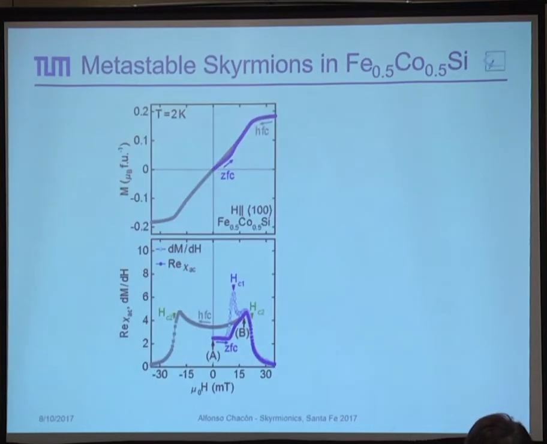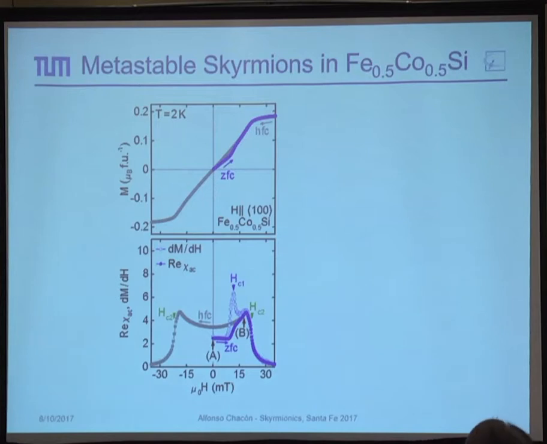If we then cool the sample to those temperatures and do the same thing, but we also compare it when we come from a saturated state and just move through the whole phase diagram, we observe that the green curve is featureless. So that means that for this field direction, we don't get the helical propagation pattern. This is not quite such a surprise, since we are applying the field along the 1/0 direction.